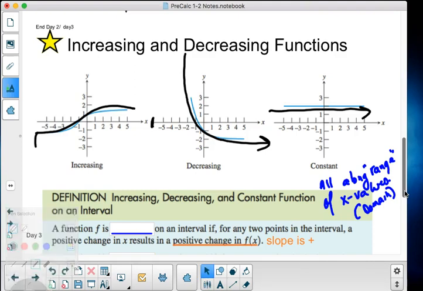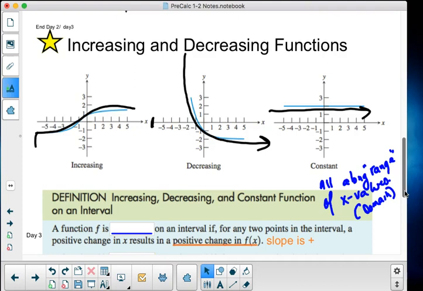There's something that the textbook does. It actually has boxed brackets, and it says, hey, it includes this. You can't have something increase and be constant at the same spot. You can't do that simultaneously. So that's why we want to make sure that we use parentheses in the domain values when we're talking increasing and decreasing. And remember, this is all about domain.